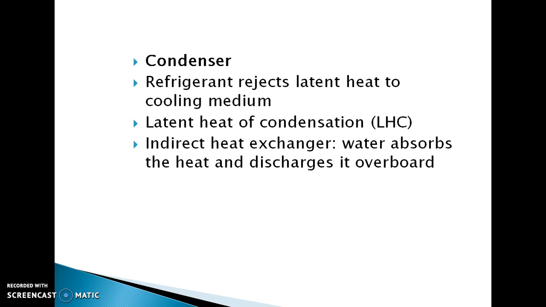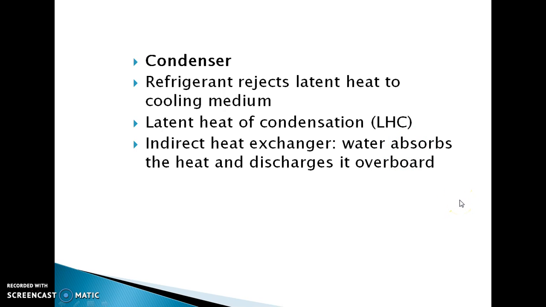The refrigerant rejects the latent heat of vaporization to the surroundings and changes its phase from vapor to liquid. The pressure of the refrigerant remains constant, so this process is a constant pressure heat rejection process.